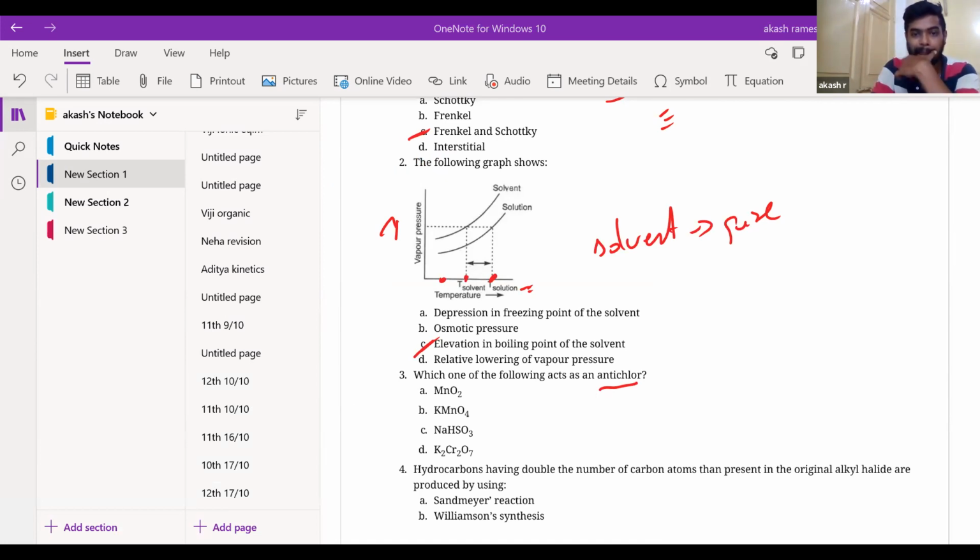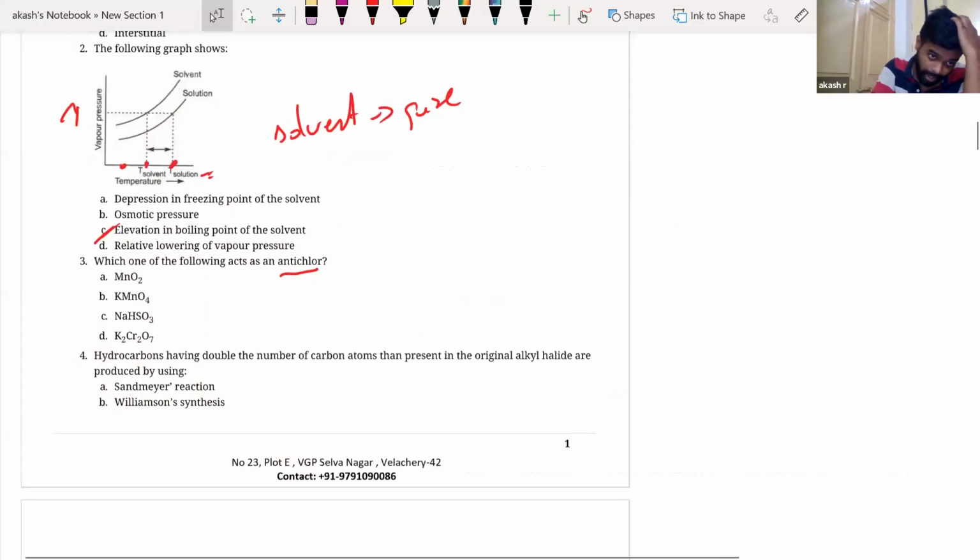Antichlor is hypochlorite, bleaching, sulfur dioxide. Sodium thiosulfate pentahydrate. There is no option like that here. Okay, fine. People, Google this. What is an antichlor? Just look into this.